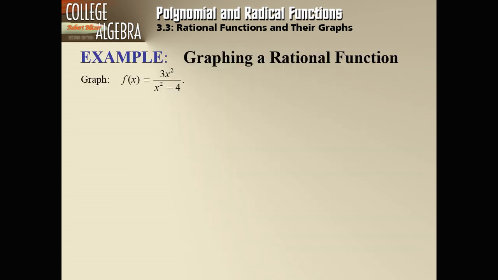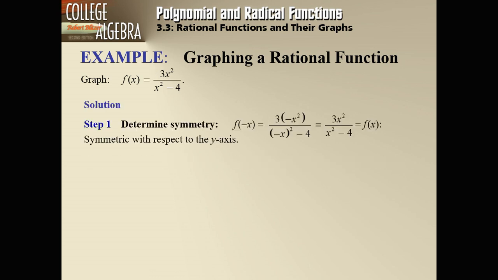Let's try this one. F of x equal to 3x squared over x squared minus 4. Okay, so we have step 1, determine symmetry. So ang gagawin natin dyan, we let f of negative x. Lahat daw ng x dito ay papalitan natin ng negative x.